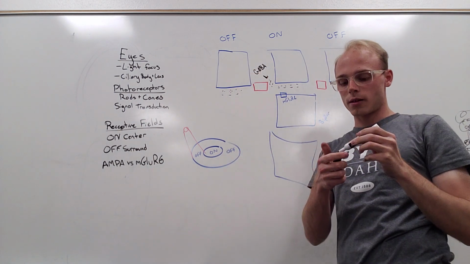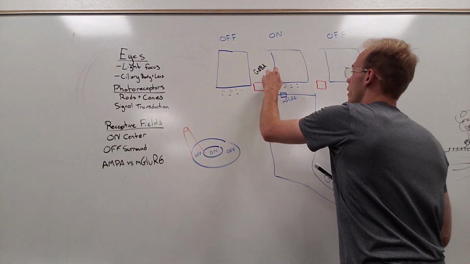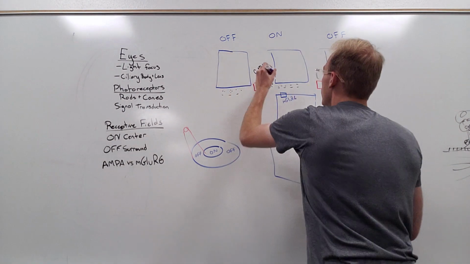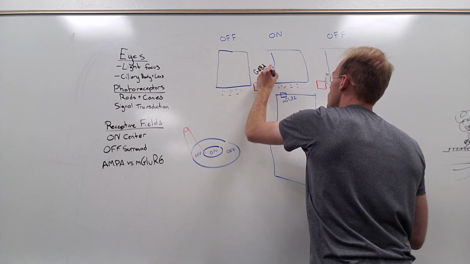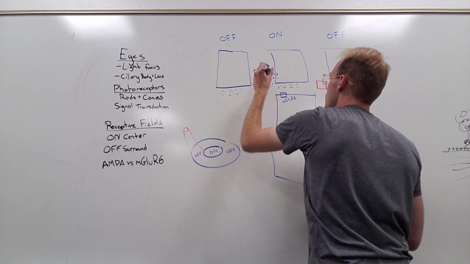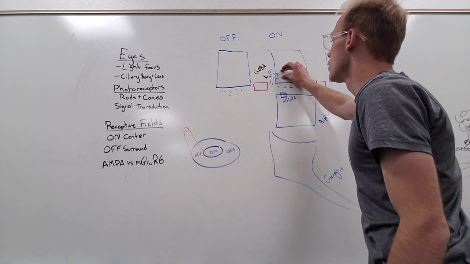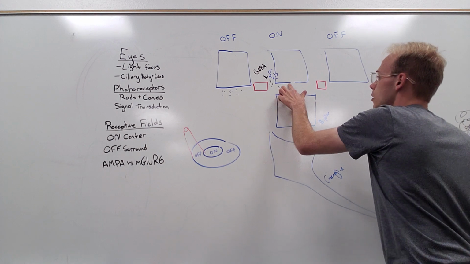And so GABA is your main inhibitory neurotransmitter. And so what it does is it will end up opening either chloride channels or potassium channels, which ends up causing this cell to hyperpolarize, which means it releases less glutamate.